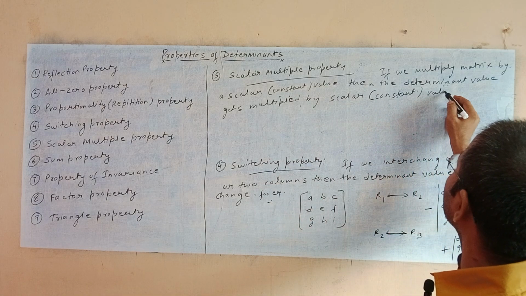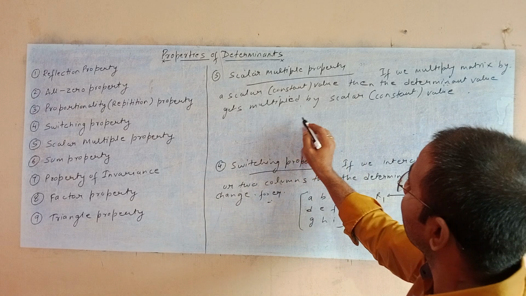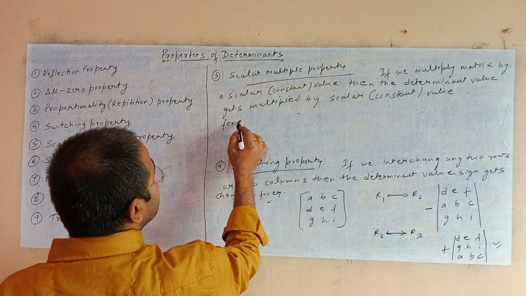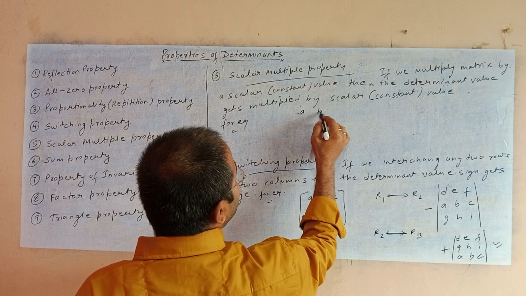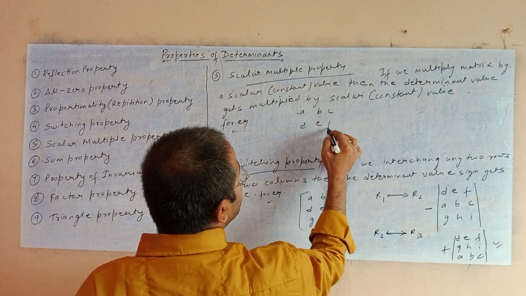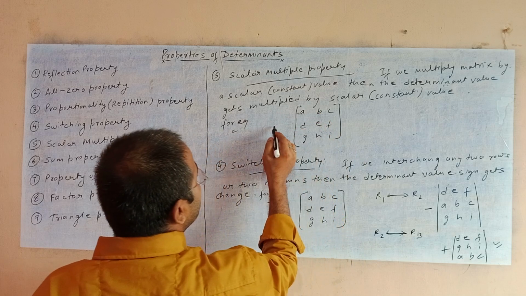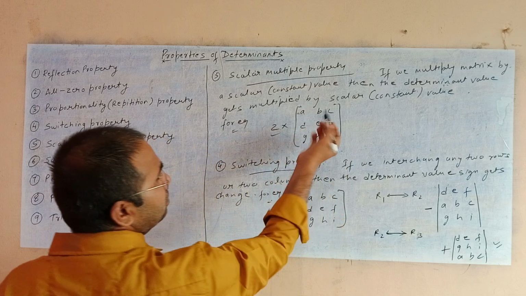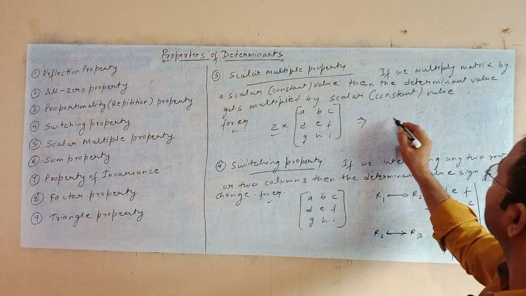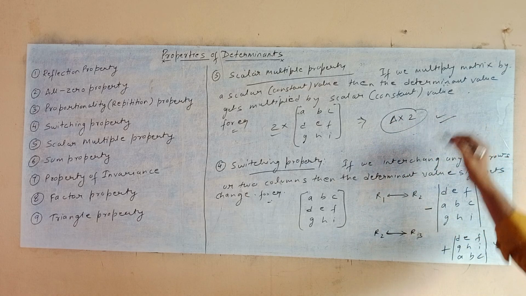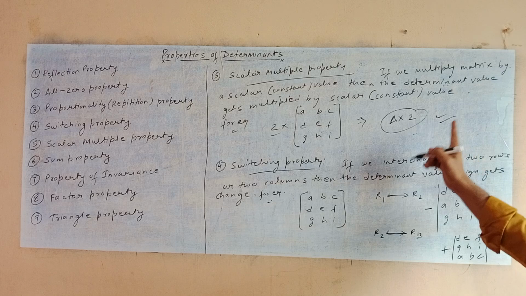Okay, suppose for example the matrix a b c, d e f, g h i is there, and you are multiplying by 2. Then the determinant of this matrix gets multiplied by 2, will be the answer.